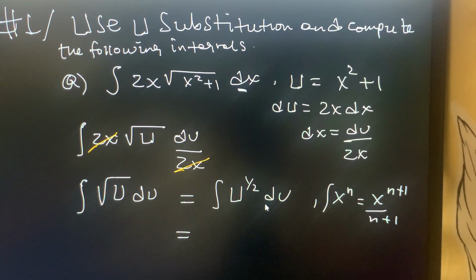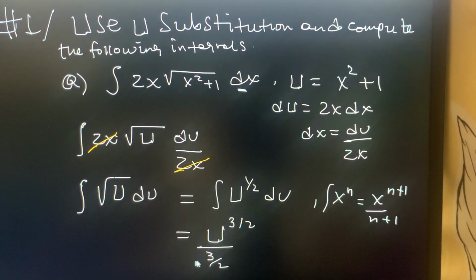I have to add 1 to the existing exponent, and then divide by the new exponent. So adding 1 to 1 over 2 gives u to the power of 3 over 2, divided by 3 over 2.